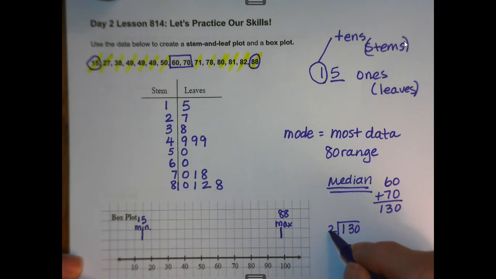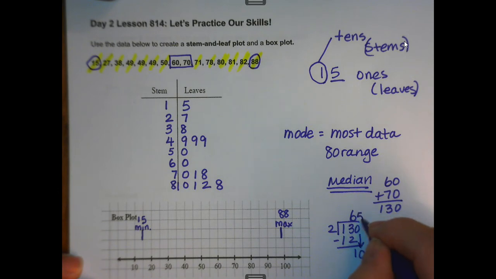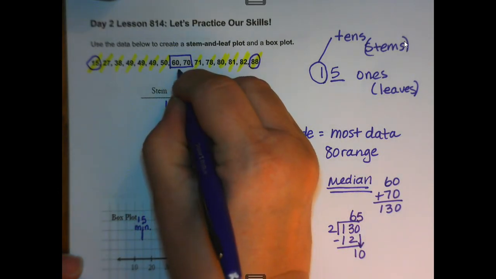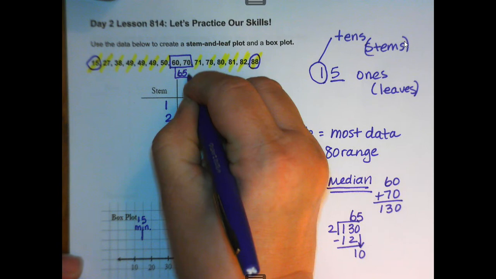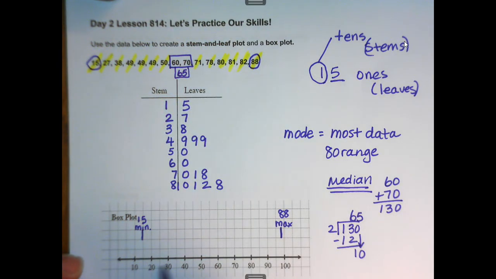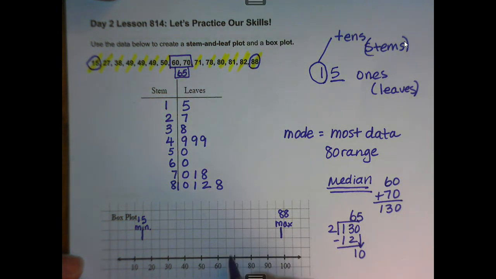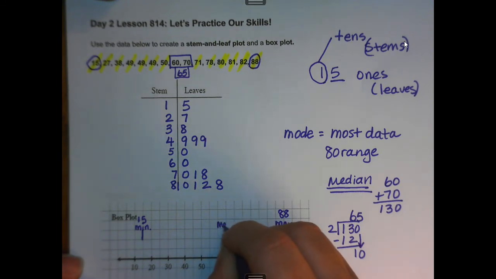And I'm comparing 2 and how many times it goes into 13, and that would be 6. 6 times 2 is 12, so I do my subtraction, and then I bring down my 0. 2 goes into 10 5 times, so my median is 65. And I need to figure out where 65 is here. It's right between 60 and 70. And this is my median, and I'm going to write 65.